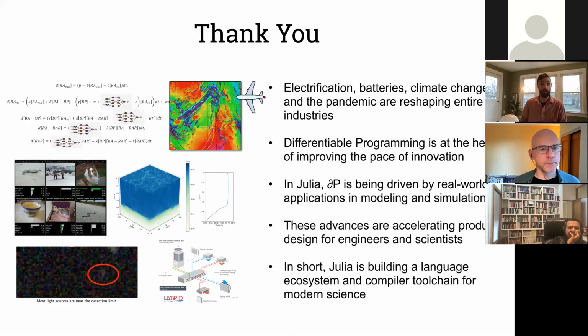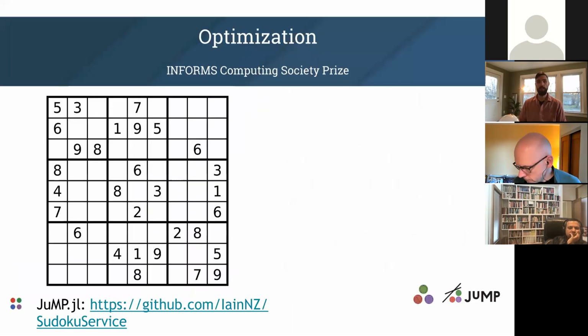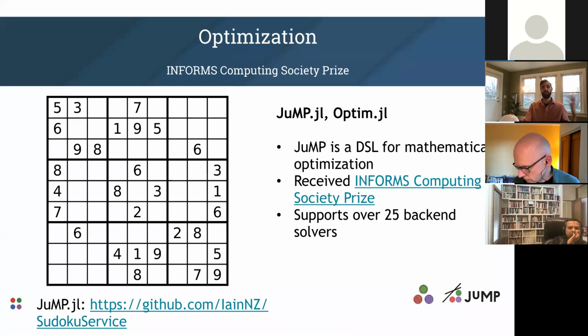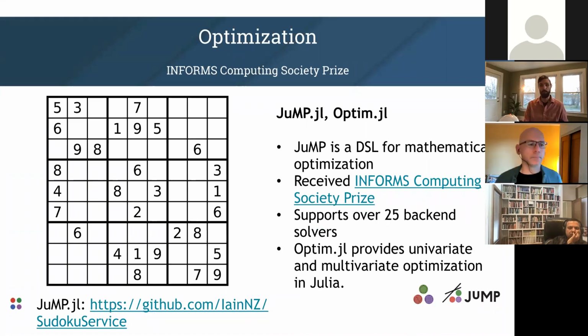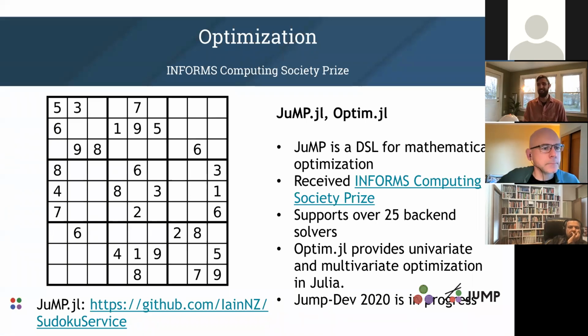The JuMP ecosystem within Julia is geared for those kinds of constrained optimization problems where you can build out these sorts of mathematical optimization problems, like, for example, Sudoku, right, where you have a constrained problem set that is not as well geared for gradient descent, right? It's more of a constraint solution problem. Right.